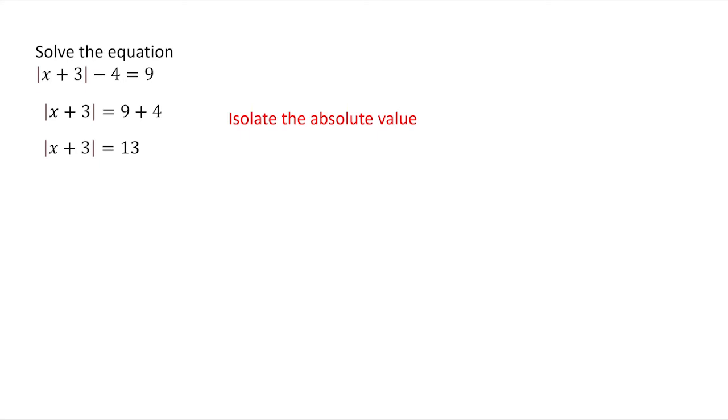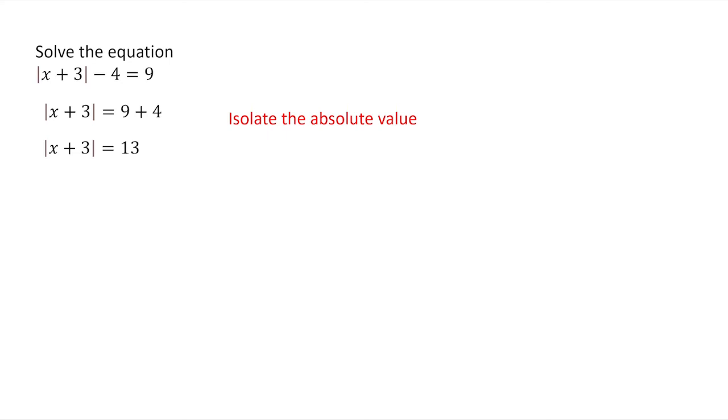Okay, now we want to find the value of x that gives us a number 13. Remember that when you find the absolute value of a number, it will always make that value positive. So the absolute value of anything will always make that number positive.